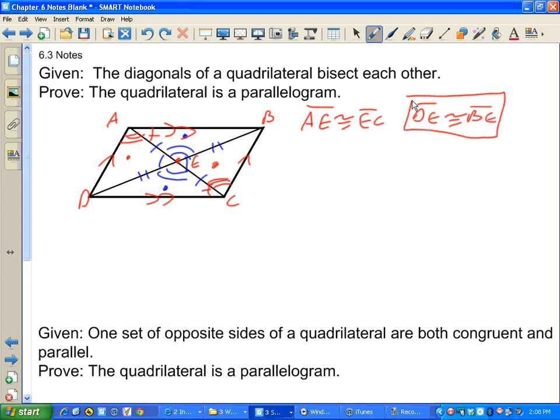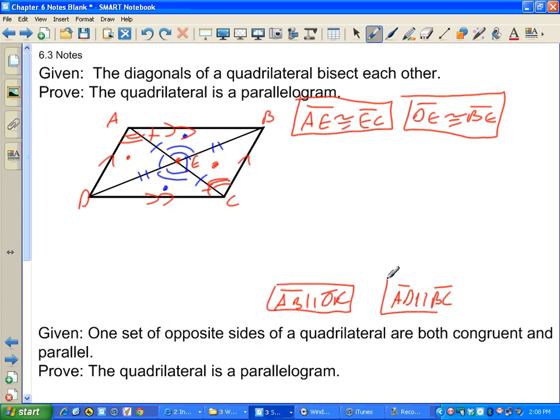See if you can get a good flow proof that ends with you saying that the opposite sides, so your last step should be that AB is parallel to DC, and you should also be able to say that AD is parallel to BC. Okay, so see if you can fill in the middle part of that flow proof. That'd be good practice for you.